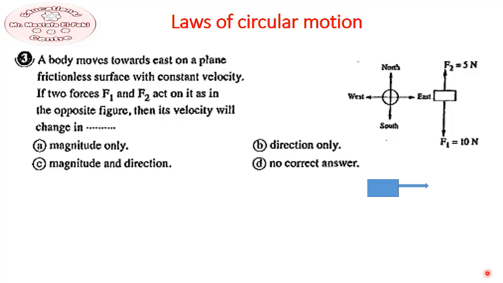By subtracting the two forces to get the resultant force, the resultant force equals 5 Newton in the south direction, or downward. So the velocity is perpendicular to the force direction. Then the object will move in a circular path. So its direction only changes and the magnitude of the velocity remains constant.